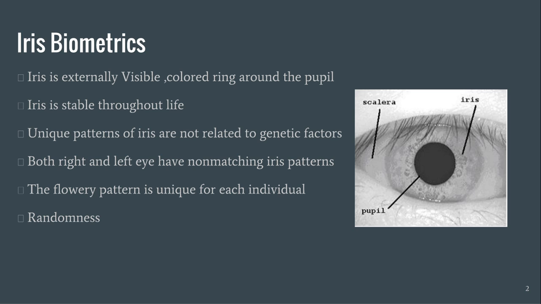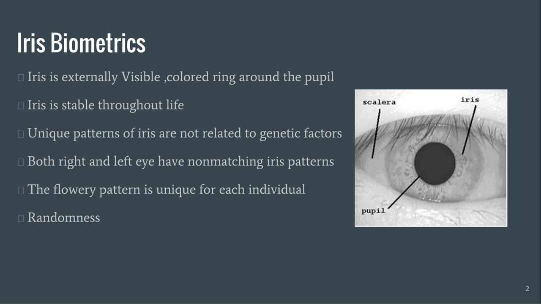So let's see why. There are basically a number of properties that make the iris the best identifier. Iris is an externally visible, colored ring around the pupil. Iris is stable throughout life. Unique patterns of the iris are not related to genetic factors.